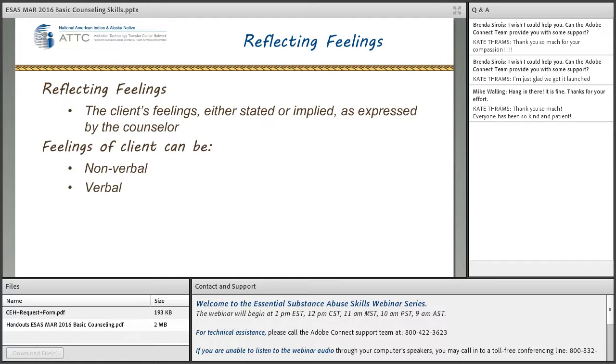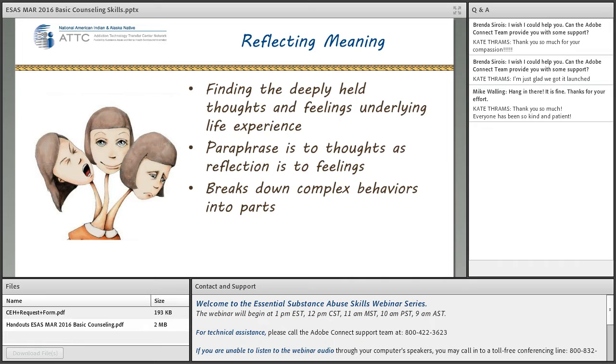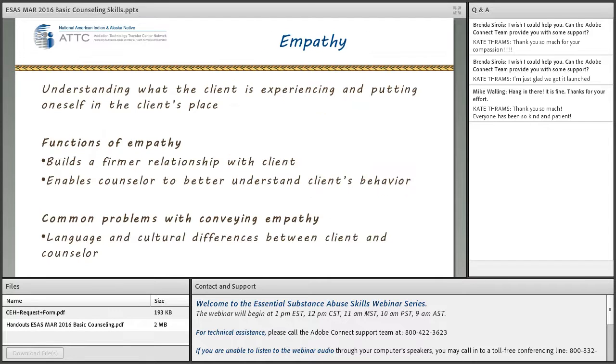Then we're going to talk about empathy, understanding what the client is experiencing and putting oneself in a client's place. That doesn't mean that we take on what the client is experiencing, but it helps us to understand what they're feeling. It's really important that we meet the client where they're at.